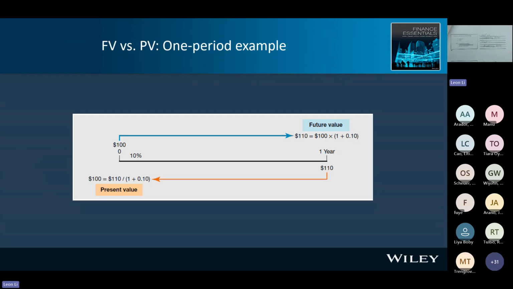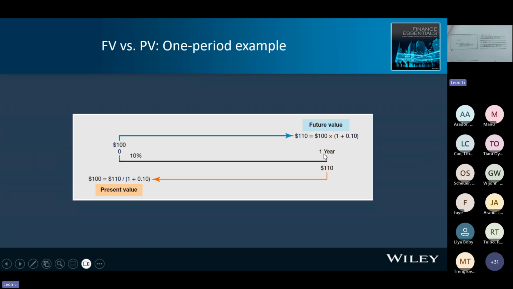On this slide, we show you an image so you can understand the difference between FV and PV further. Consider $100 today. You can move the money to the future, 1 year from now. Your $100 will become $110 if our interest rate is 10%. Right, 110.